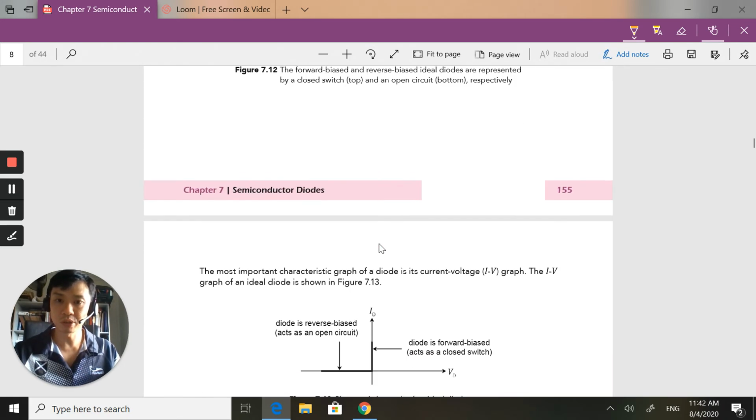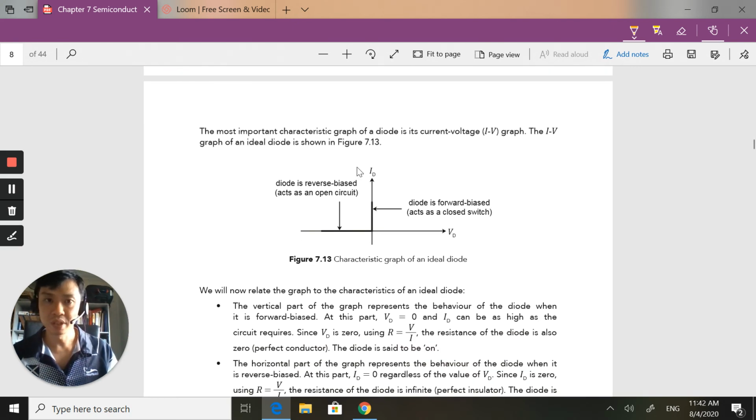If I were to draw an IV graph, this is the IV characteristic graph of an ideal diode. One more time, we are still talking about the ideal diode model. If it's forward biased, current is able to flow. There's no limit to the current. It just goes and goes and goes, theoretically to infinity.